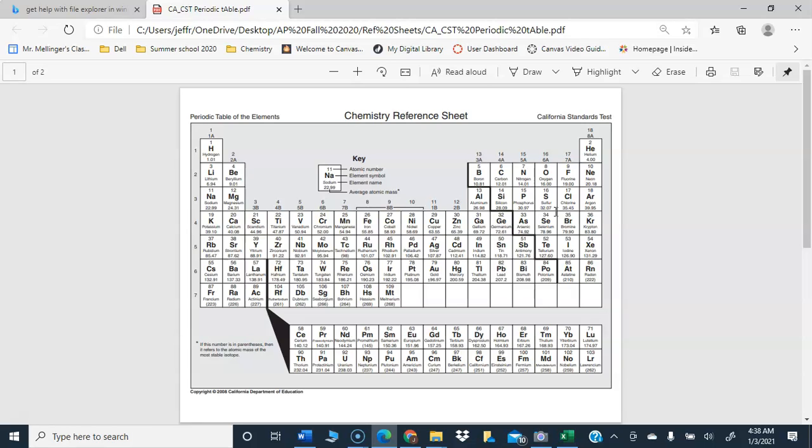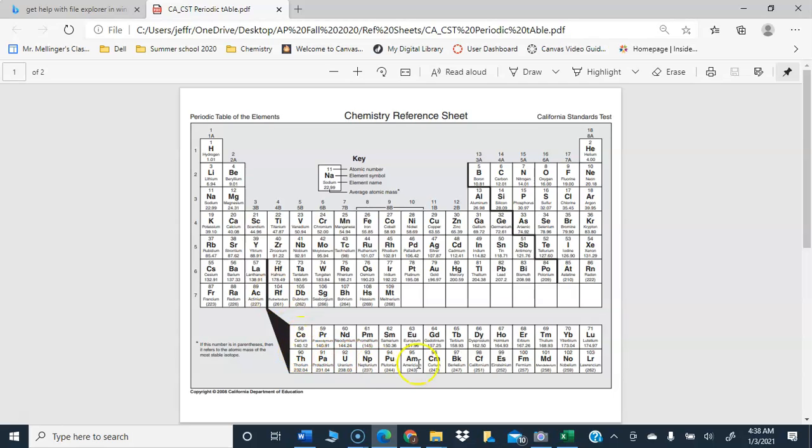So that's the p. The next question asks you which is the d. Those are the transition metals here. And finally, it asks you which is the f orbitals, which we never really touched on other than just to talk about them. Those are these 2 rows down on the bottom. The first one is called the lanthanide series, because it comes after element number 57, lanthanum.